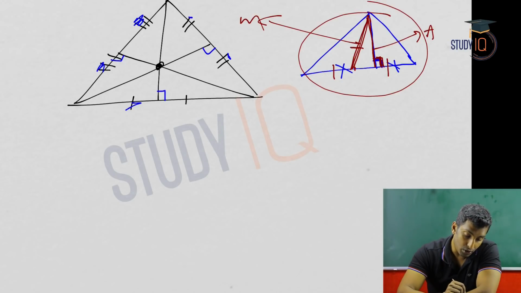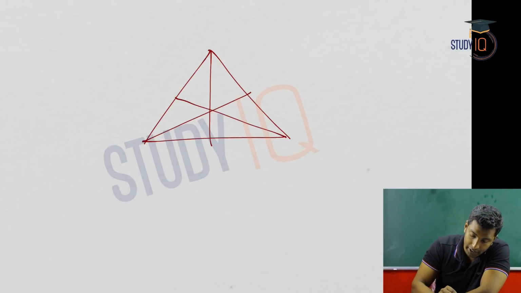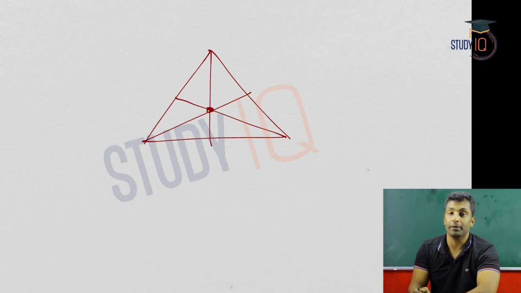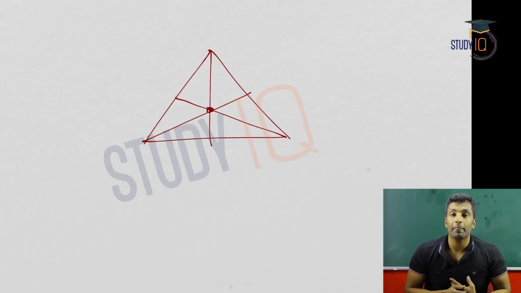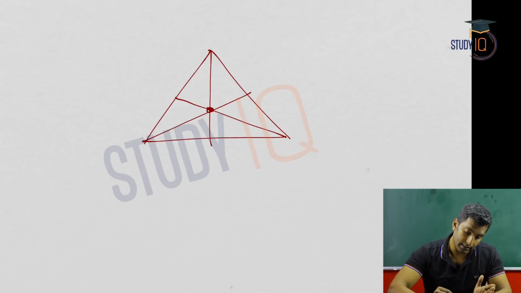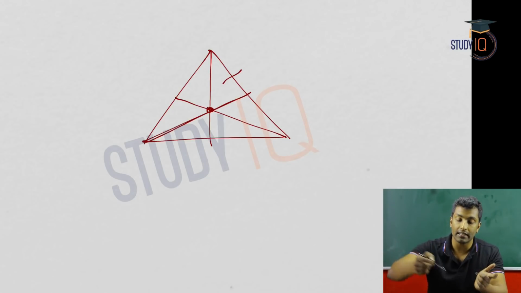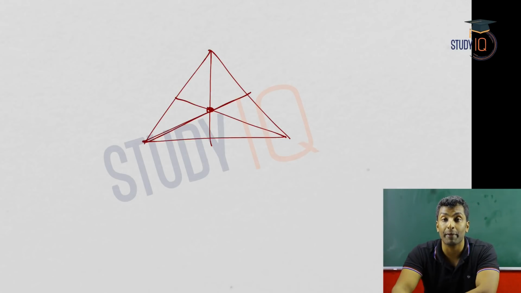Now what is your orthocenter? Orthocenter is nothing but, you drop the altitudes, and the intersection of altitudes is your orthocenter. What is the difference between centroid and orthocenter? Centroid is the intersection of medians, and a median divides the opposite side equally, but here that is not happening.